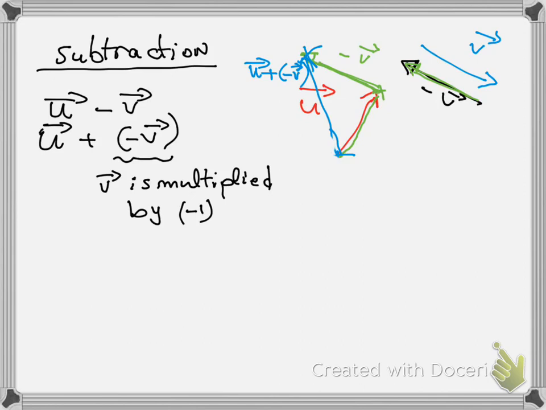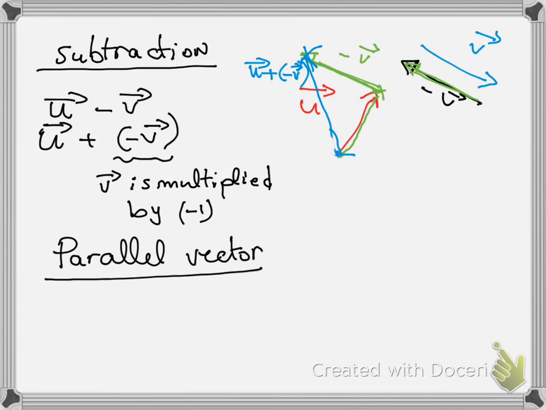Okay, now let me just finish with parallel vectors. Well, two vectors u and v are parallel if the vector u is a multiple of the vector v.